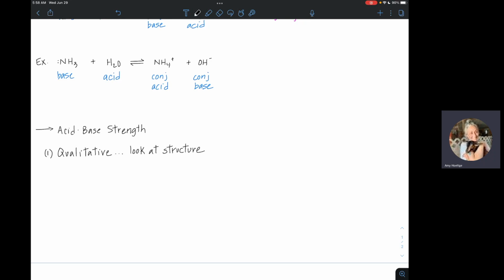So for example, with a simple binary acid, we'll start there, where you just have the acidic hydrogen and then one other atom. So we're going to look at the bond length, which is related to the bond strength or the bond energy.